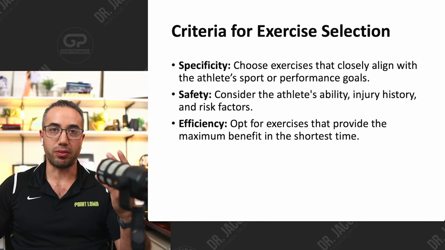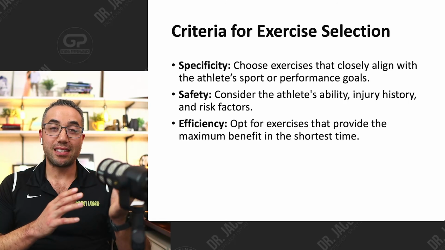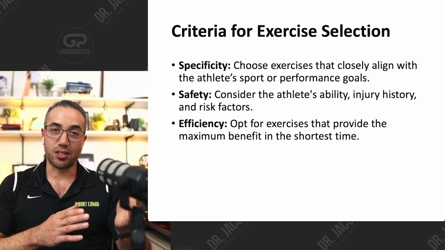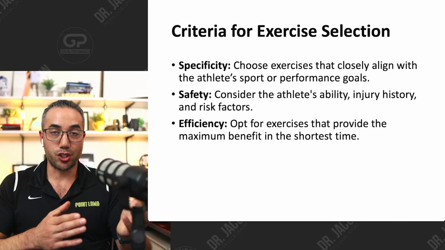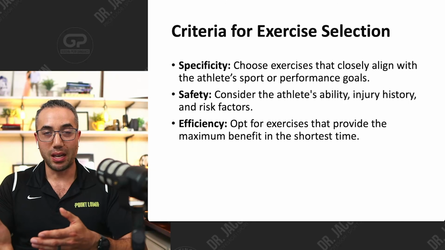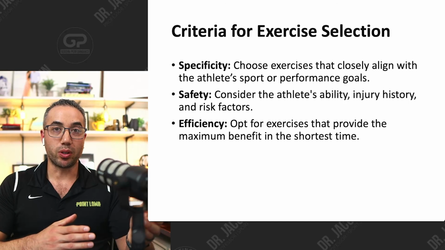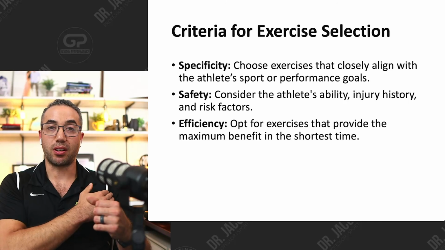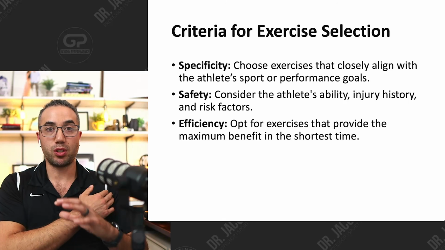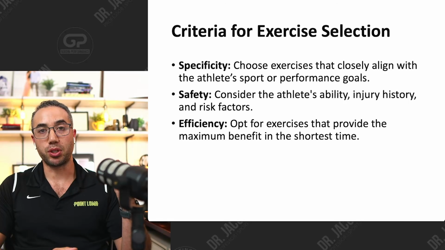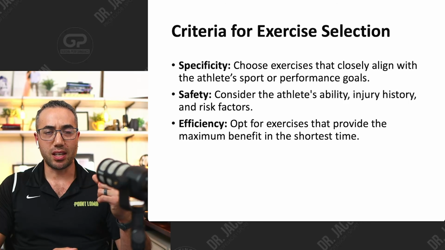I mean, really, safety should be first, but let's be honest, we don't think of safety first. Consider, is this movement safe for the athlete? So if I'm working with an injured youth athlete, I'm probably not going to give them snatches. If I'm working with an overhead athlete, I'm going to definitely ask them a lot about their shoulders before we do any type of behind the neck push press. So we're thinking safety factors.